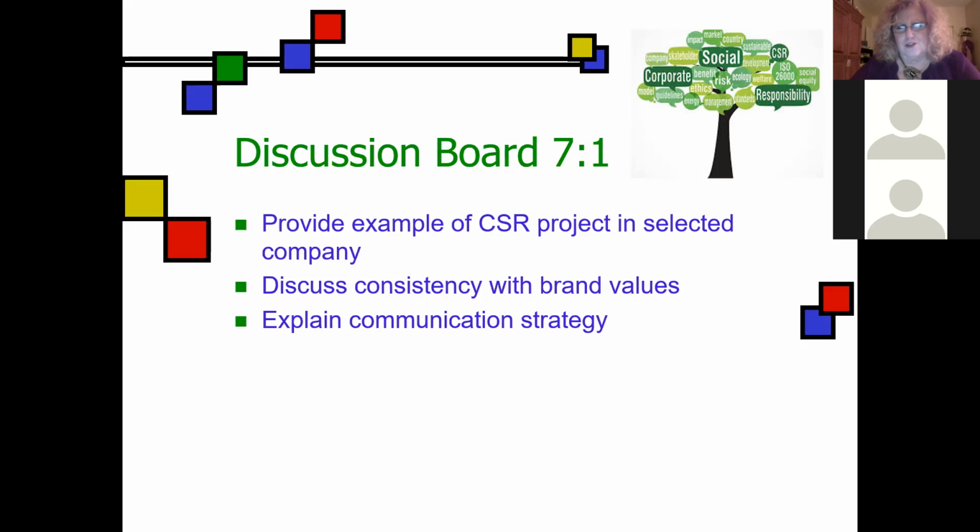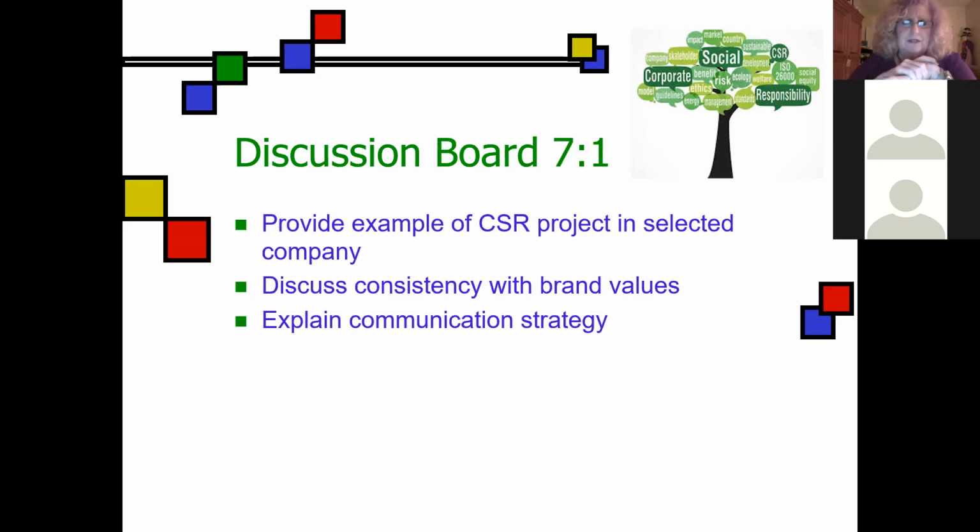SR is social responsibility, and I just completely drew a blank on what C is. Corporate, thank you. It's great when you draw a blank on something like that, isn't it? You're going to discuss the consistency of what they have done with their brand values and explain their communication strategy.